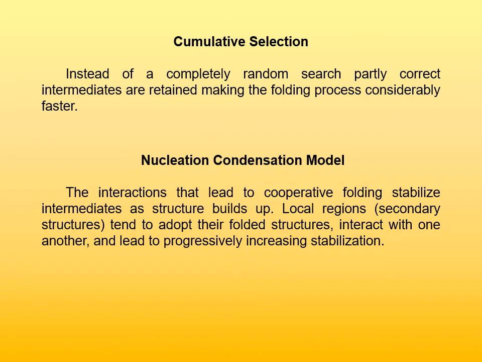Another model is the nucleation condensation model, according to which interactions that lead to cooperative folding stabilize intermediates as the structure builds up. As local regions or secondary structures adopt their folded structures, they interact with one another, and that leads to progressively increasing stabilization and basically faster and faster folding.